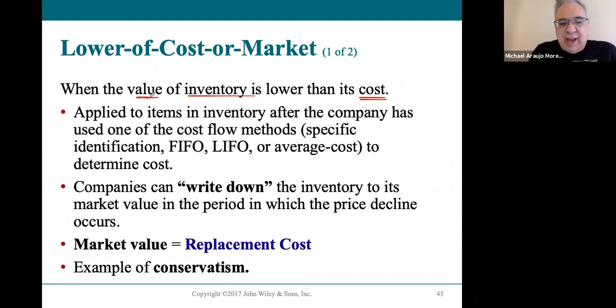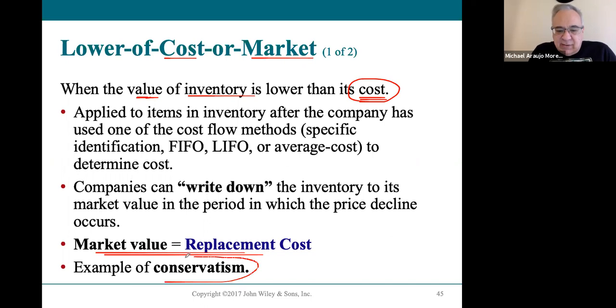And how we do that is first looking at what we paid for it, which we call cost. And then we look at what we would replace it at today, which we call market. And because we want to be conservative in not overvaluing our assets, we simply pick the lower of those two numbers. And that is the lower of cost or market basis in a nutshell.